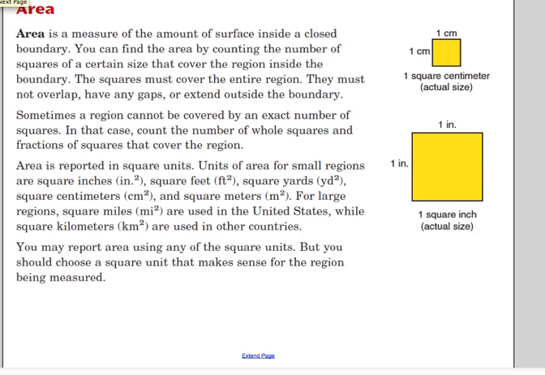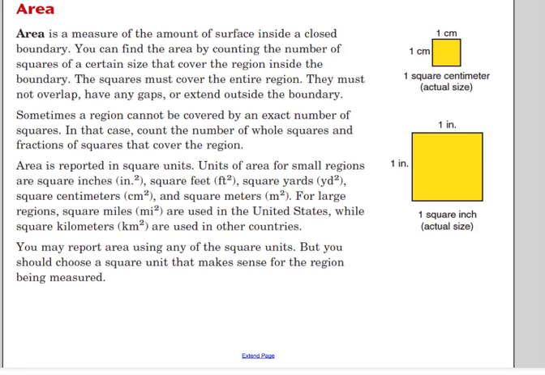Now, area is a measure of the surface or region inside a closed boundary. It's the number of whole and partial unit squares that are needed to cover the area without gaps or overlaps. Now when we measure area, we measure it in square units.